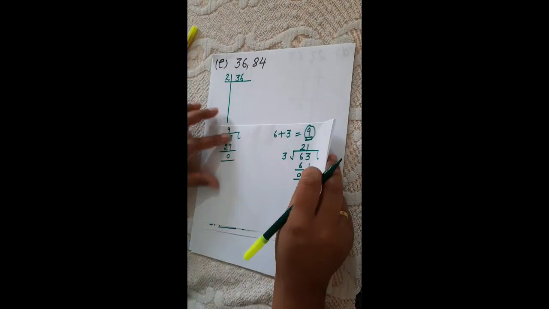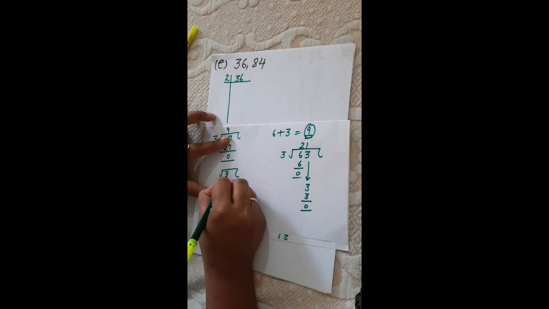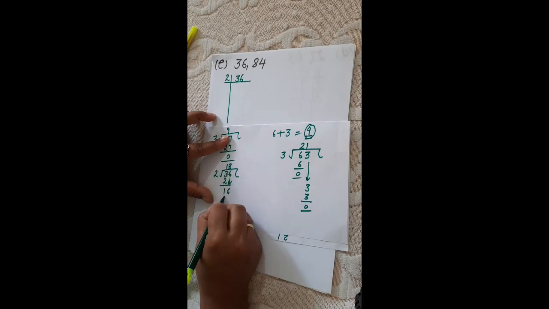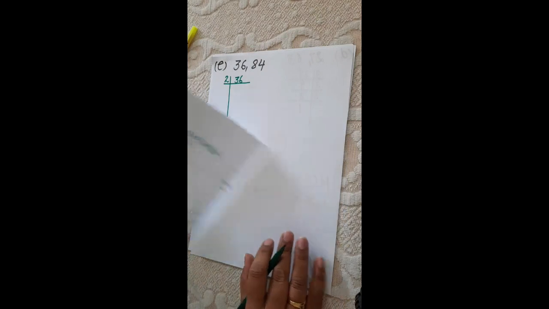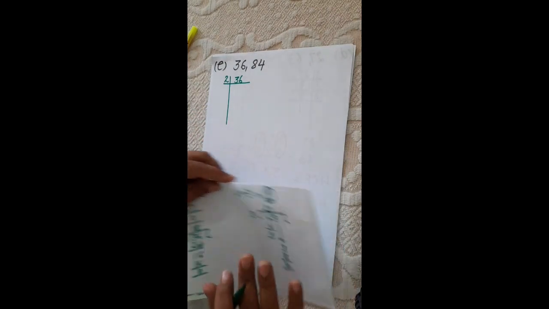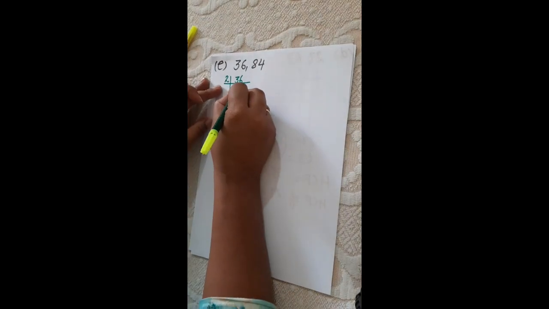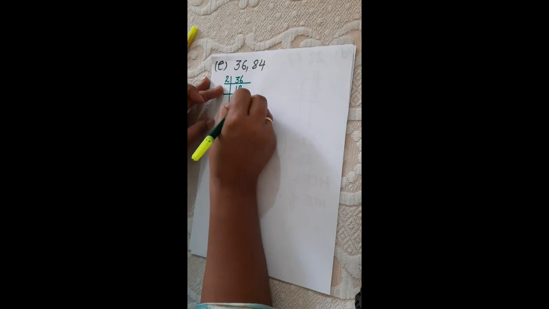So if you divide 36 by 2, you will get 2 1s are 2, then 6, 2 8s are 16. Similarly, you can check by dividing this. This is totally optional. So 36 divided by 2, you will get 18.